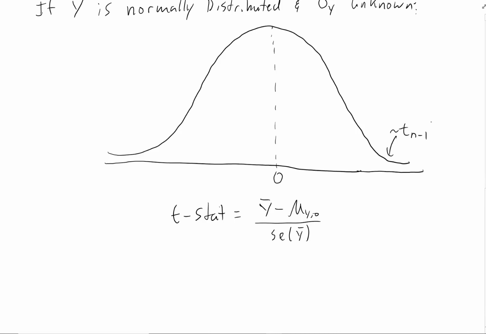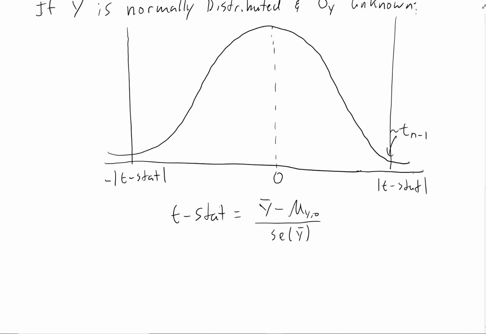What the p-value is doing is calculating the area to the left and to the right of the negative of the absolute value and the absolute value of our t statistic. Here is the negative of the absolute value of our t ratio, or t statistic, and here is the absolute value of our t statistic, assuming it's a two-way test.